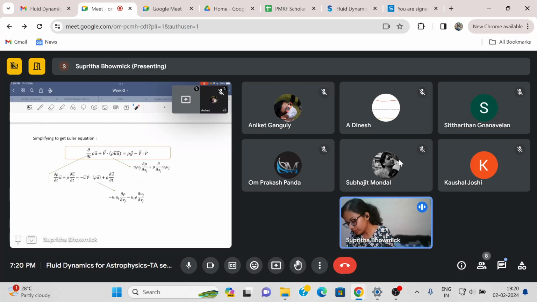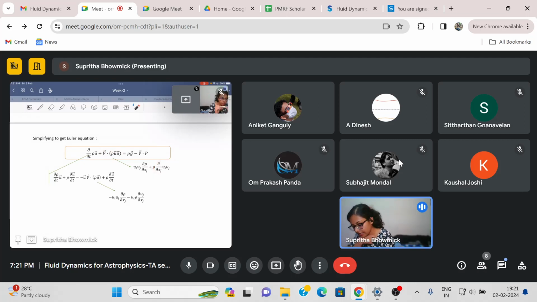Next thing we'll write in component notation is this term, where this grad operator will first act on rho to give you this, and the u's will be pulled out in this notation. Secondly, rho will be pulled out, and the grad operator will act on u to give you this.